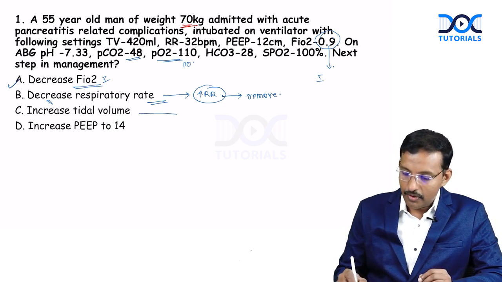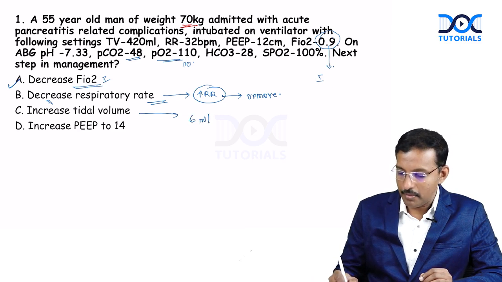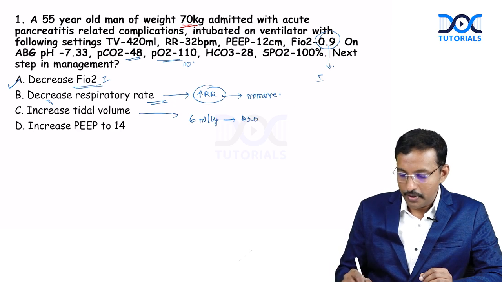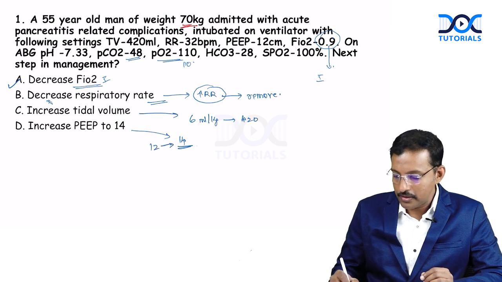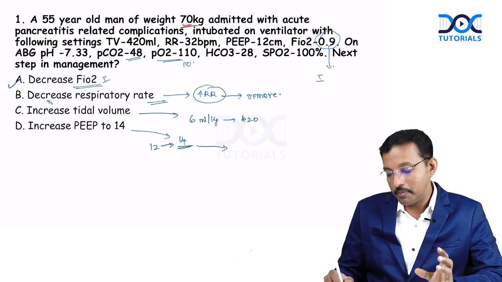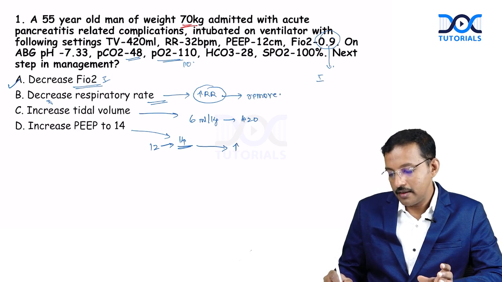Now increased tidal volume we should not consider because it's already at 6 ml per kg, giving it a value of 420. Now PEEP from 12 to 14 is the next option, which is also not to be considered because PEEP is increased when there is a problem with oxygenation.